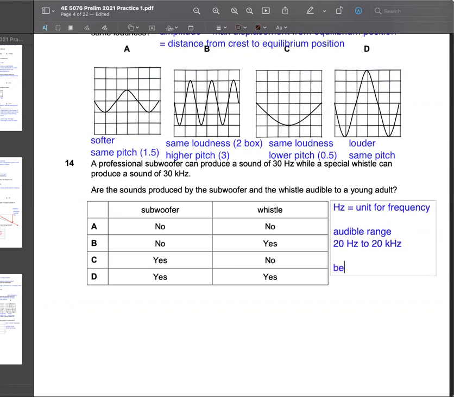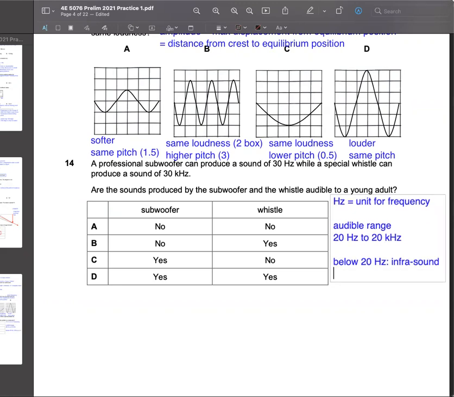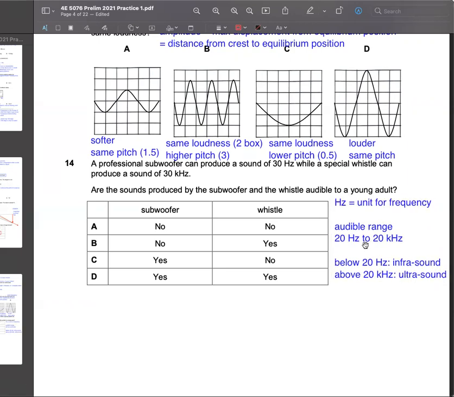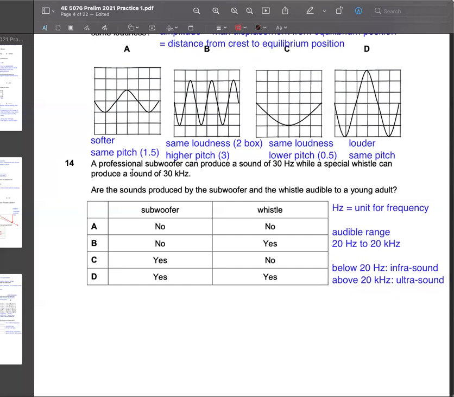Infrasound. What is sound above 20,000 hertz? Ultrasound. Okay, so in this question, answer? It's both no.